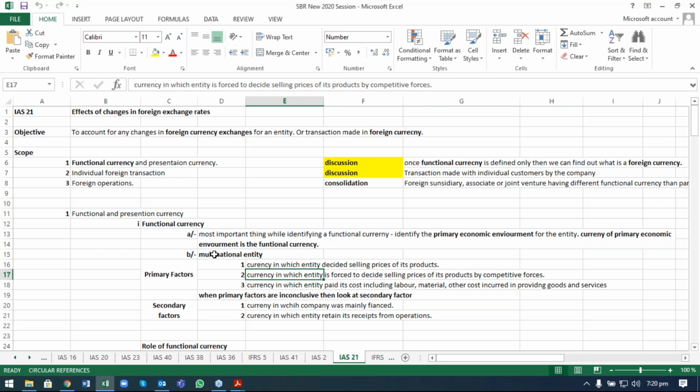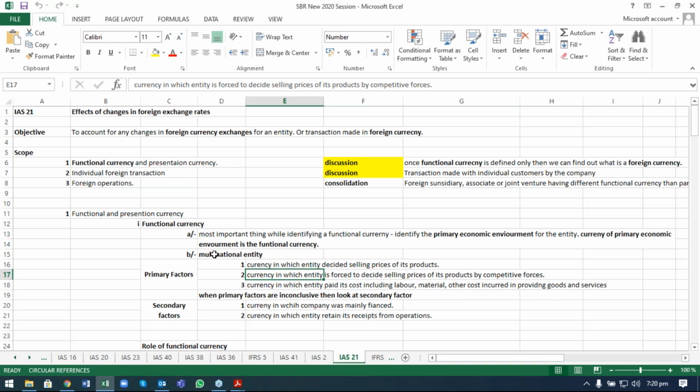The second criterion was mentioned as, if you're not able to find out what the selling price for your products is and in which currency you are deciding it, then you will be identifying the selling price of your products based on competitive forces, the competitors who are setting the selling price.